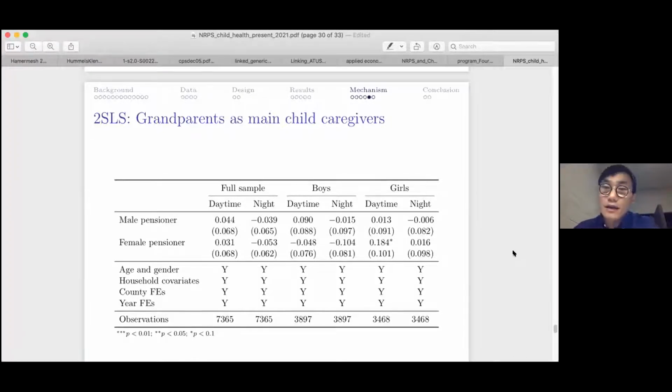If we look at those families who initially had boys, we could focus on the effects on only those families, because of the one-child policy. But that also has a mixture of both the effects of NRPS and the preferences, as well as the one-child policy. So it's also complex to look at those families who only have a son in their household.